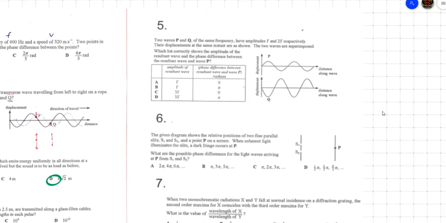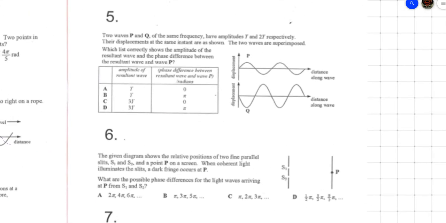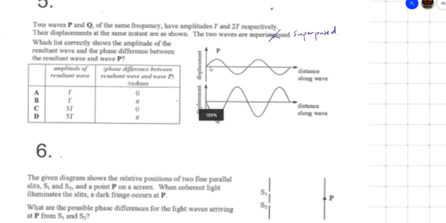Alright, so let's go for this one. Now, the problem with this one is that it is actually superposed. Not superimposed, superposed. So you are superposing these waves together. You can see that this one here is twice that one.